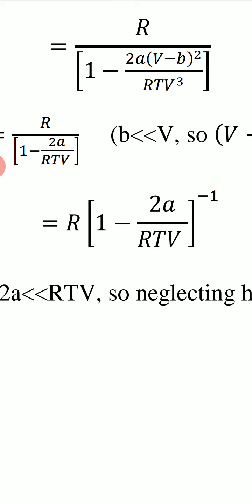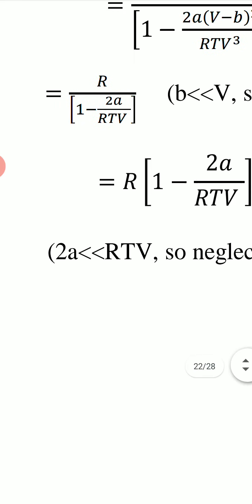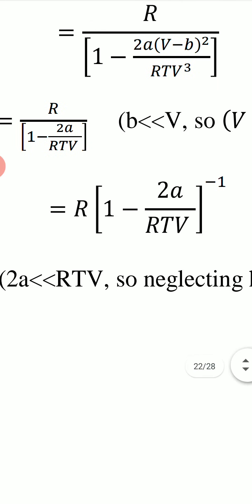And if we use binomial expansion, then using the formula 1 minus x to the power n equal to 1 minus nx, and other terms are negligible as 2a upon RTV is a small quantity, 2a is also much less than RTV.